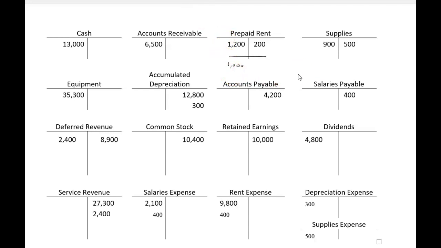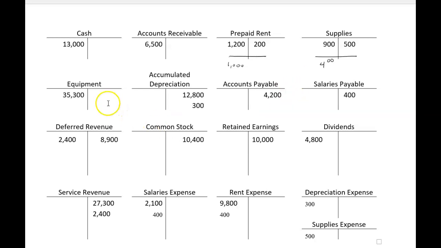Supplies, let's do the same thing for our supplies. Draw a line here. Supplies, we have an ending balance of $400. Wait, I don't know why it's doing some crazy formatting there, so let's try that again. We may have to go up just a little bit, so let's try it up here so that maybe it won't go into our next line. And then 400. There we go.